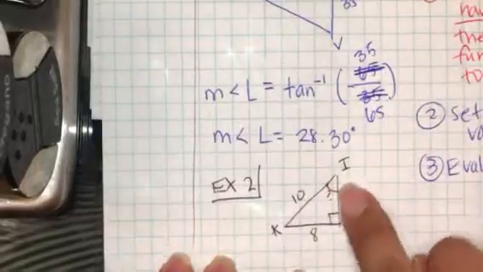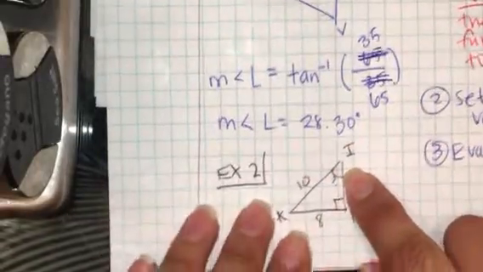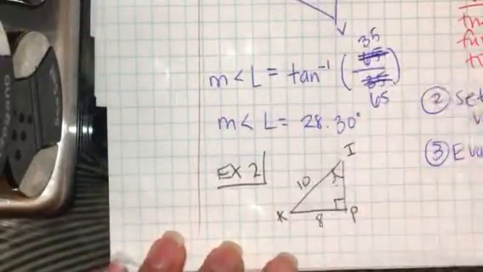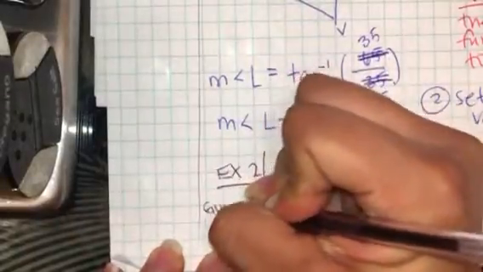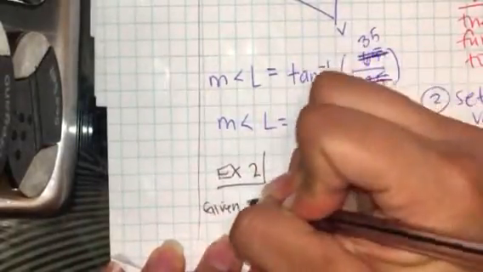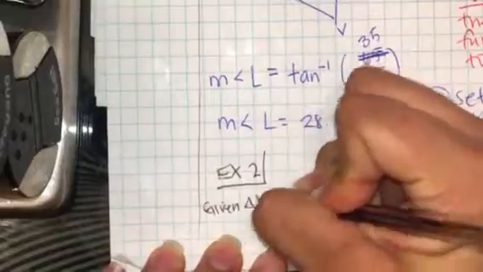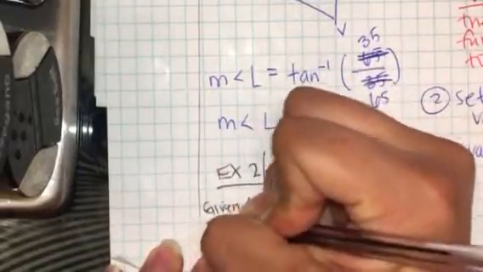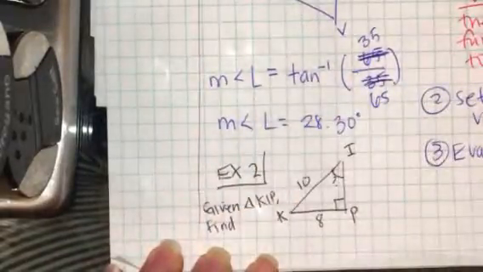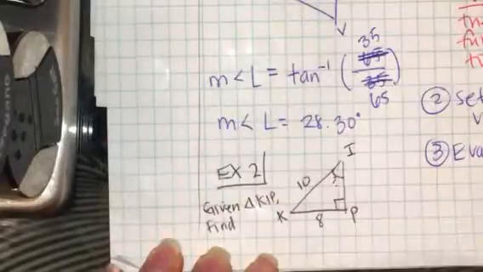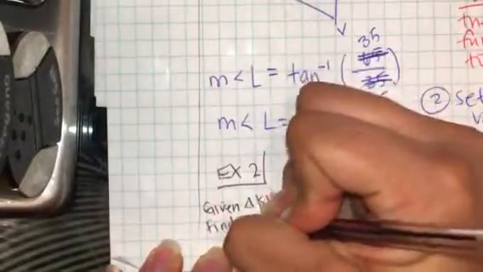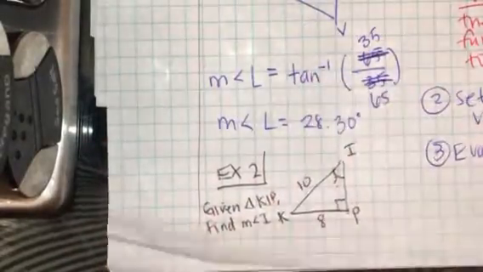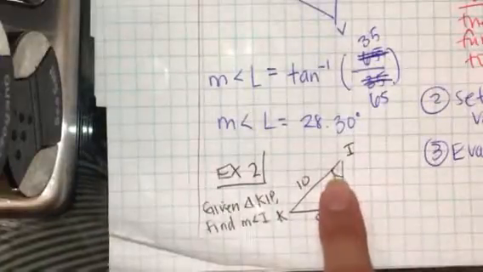That's my theta. So the question says: given triangle KIP, find the measure of angle I. So I'm trying to find this measure here.